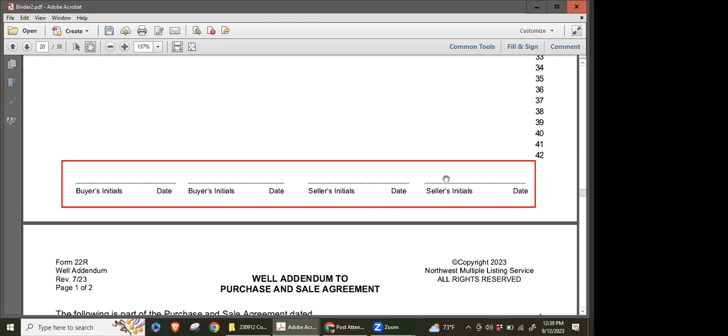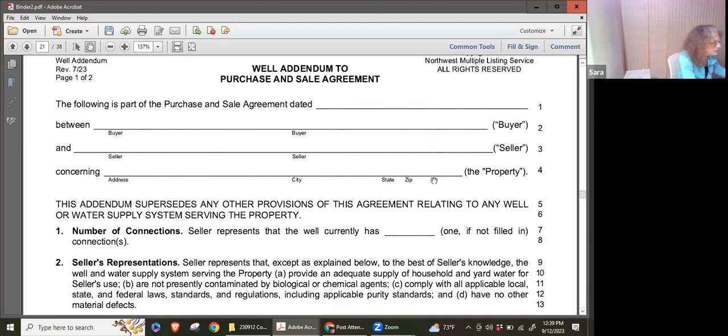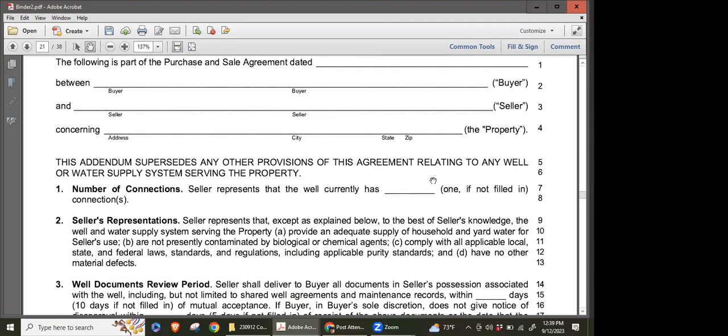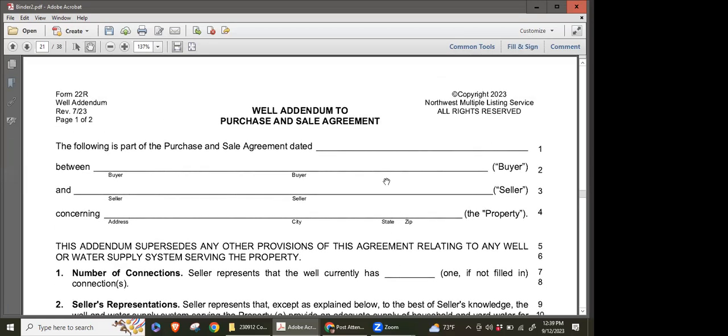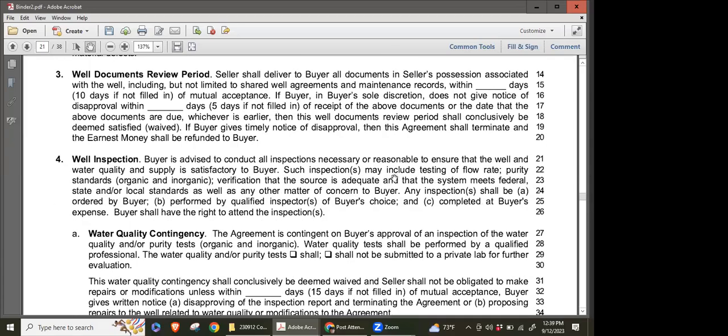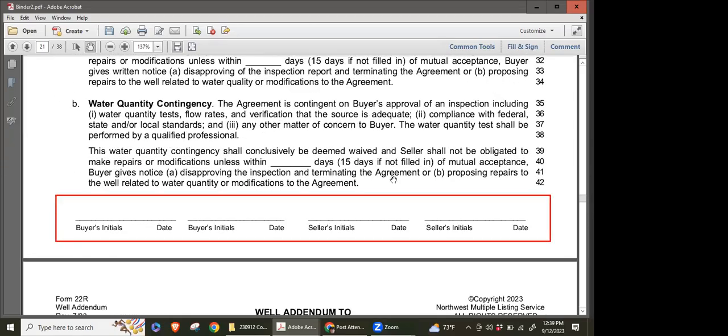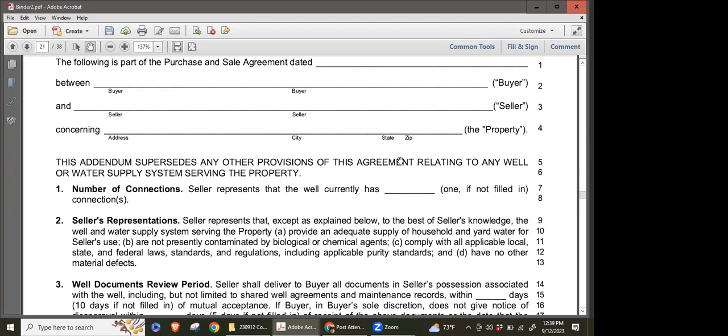Okay, so 22Q, I make sure that it has the correct number of signatures. And then the rest of these are going to go pretty fast. Your Form 22R, which is your well addendum, I typically just double check and make sure that if you don't put anything there, one is there. It should never be more than two.